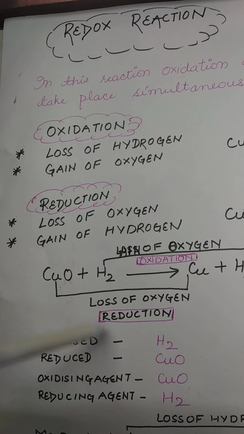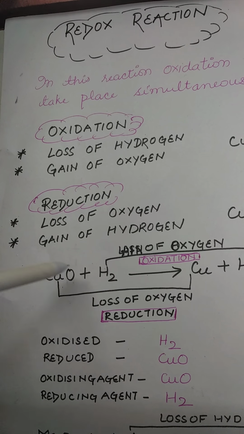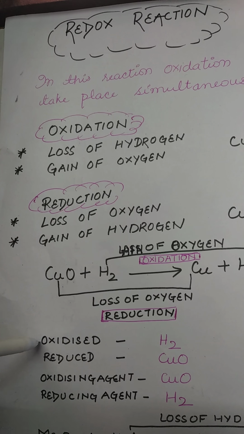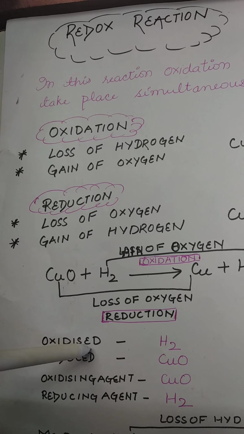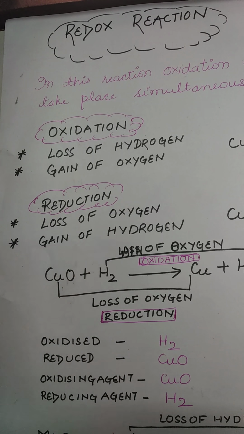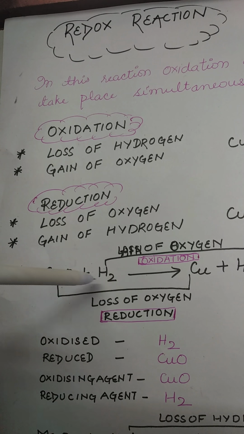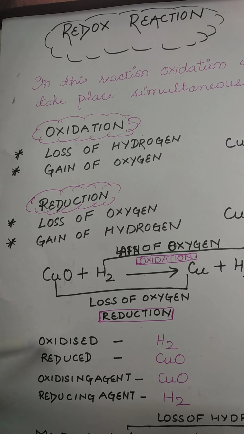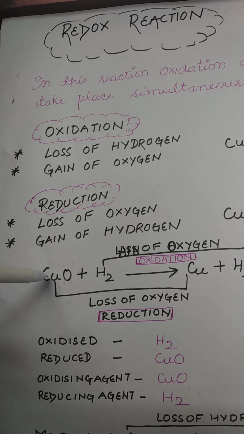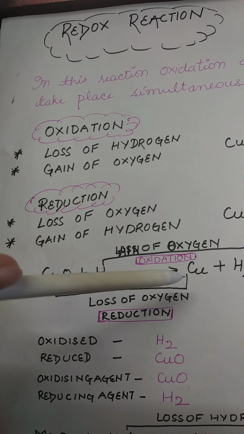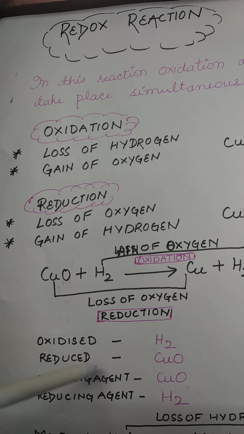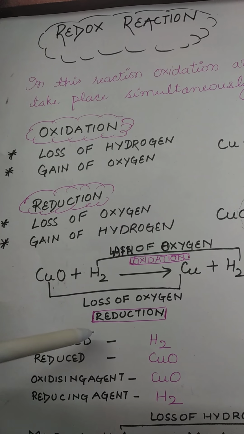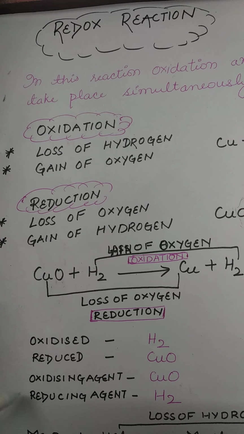So the answer will be from reactants only. So you have to write, first see, substance oxidized. So what is oxidized? H2 is converted to H2O. So that means H2 is oxidized. Second thing is substance reduced. What is reduced? CuO is converted to Cu. So CuO is reduced.